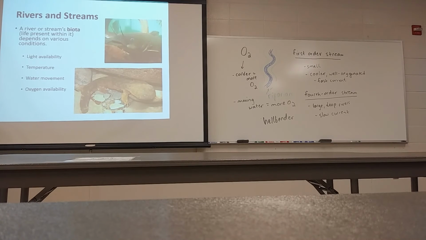So, where do you find hellbenders? You find them in streams, usually first or second order streams. The water typically needs a steady current, and the temperature has to be relatively cool. Why?